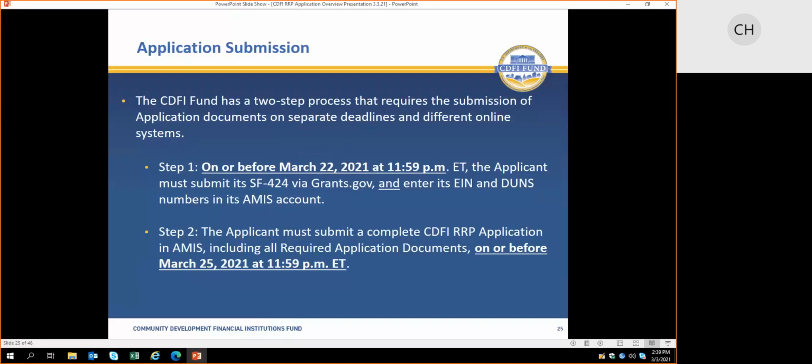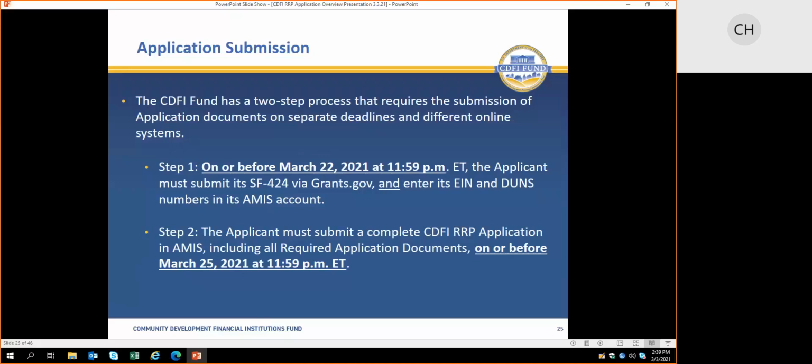When you are submitting an SF-424 within grants.gov, you need to submit one SF-424 for each program that you're applying to. So if you are applying to more than one of our programs, please make sure that you submit SF-424s for each.